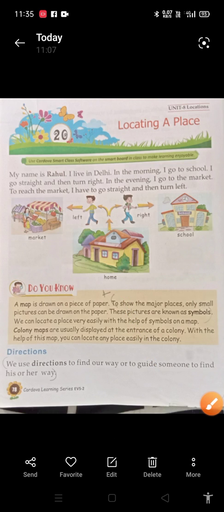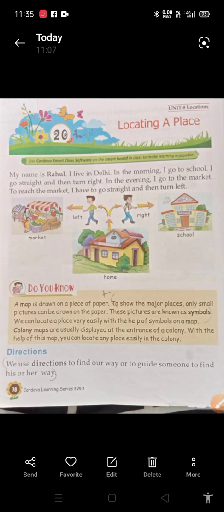Do you know a map is drawn on a piece of paper to show the major places? Only small pictures can be drawn on the paper. These pictures are known as symbols. We can locate a place very easily with the help of symbols on the map. So what is a map? A map is something that is drawn on a piece of paper.